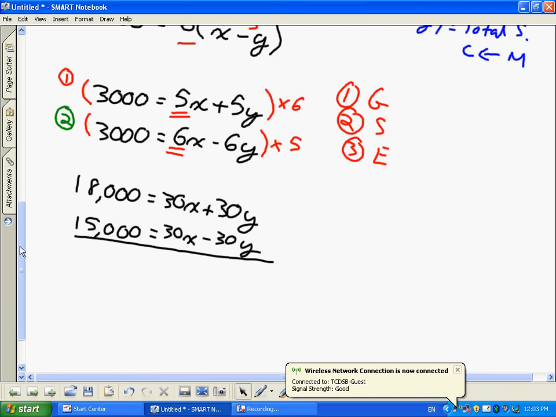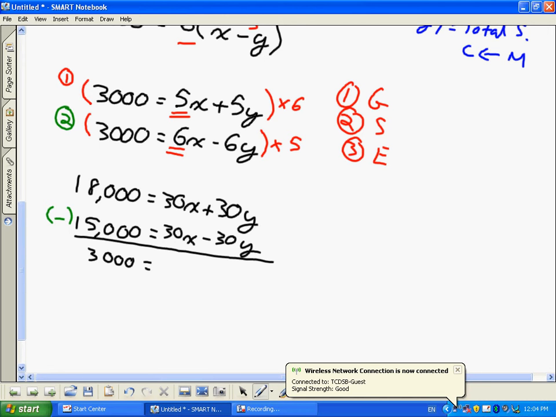Now I said I wanted to eliminate the x's, so which operation do I need to use to eliminate these x's? That's right, I need to subtract them. Both the x's are positive, so if I subtract this equation, 18,000 minus 15,000 is 3,000. 30 subtract 30 is nothing, so I don't write anything in.